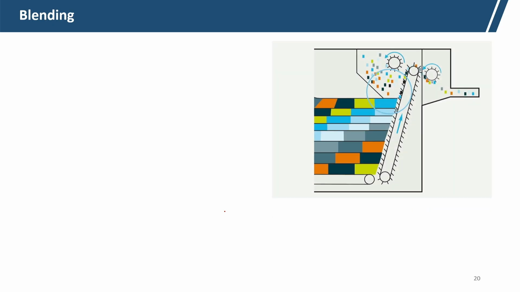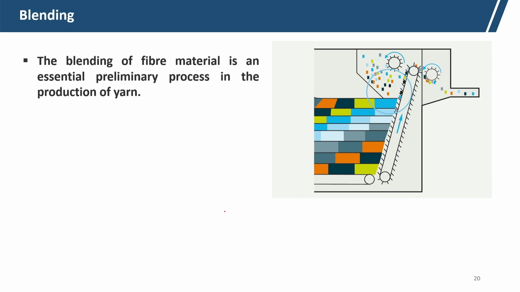Now, coming to the blending. Blending in detail we will discuss subsequently, but here basically you can see that the blending of fiber is essential, and it is a preliminary process of the yarn process. So, even if it is 100% cotton, we need to blend the fibers from different bales.